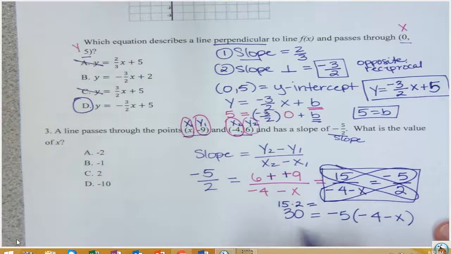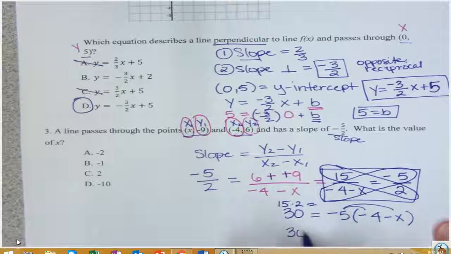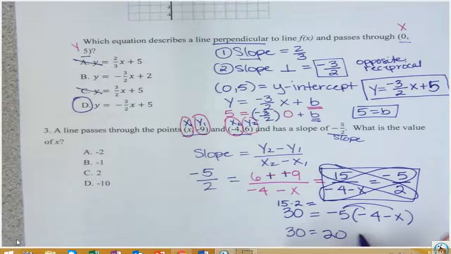And then you just distribute. So you get 30 equals 20, because negative 5 times negative 4 is 20, plus x. Negative 5 times negative x is positive 5x.